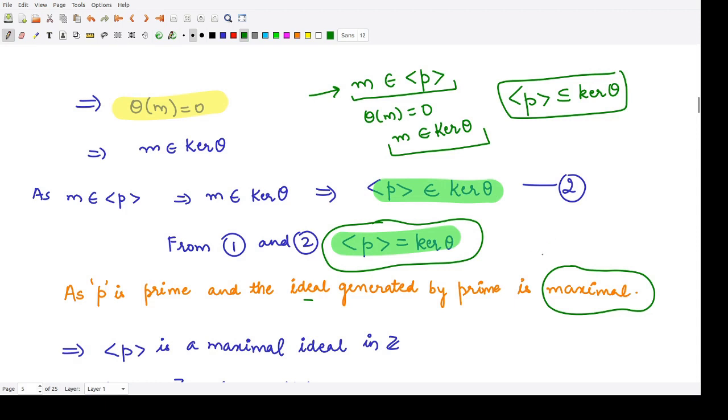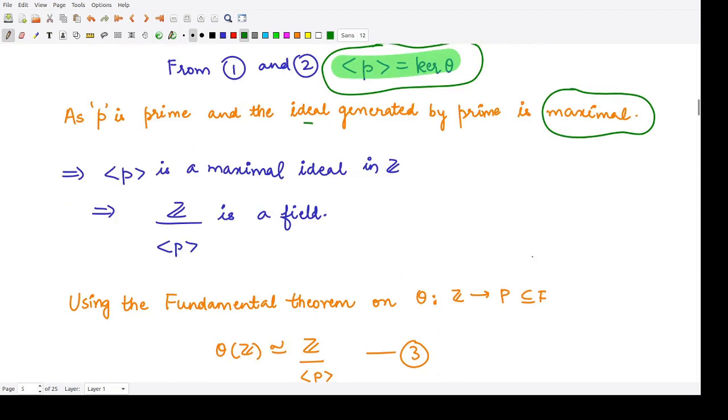Now because this ideal is a maximal ideal in Z, we can say Z divided by this ideal is a field. This is also a result that if you have some integral domain and if you find some maximal ideal, then the quotient obtained by the division is a field.